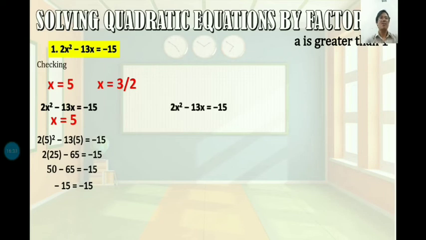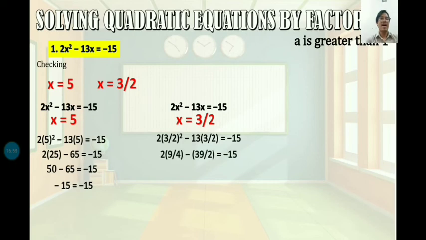So, x as 5 is correct. Now, what about x as 3 halves or 3 over 2? Apply substitution. So, we have 2 times 3 halves squared minus 13 times 3 halves equals negative 15. So we have 3 halves squared is 9 over 4.